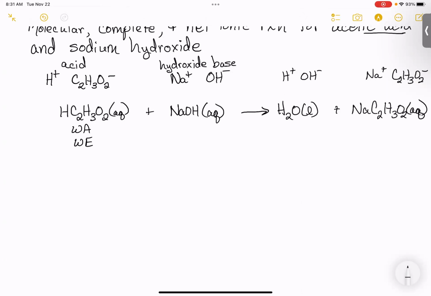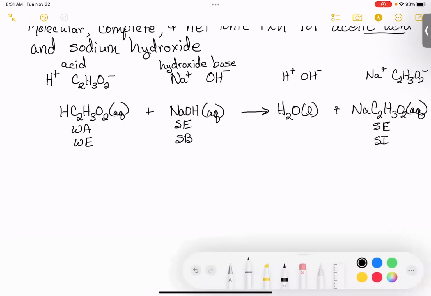Sodium hydroxide, what is it? It's a strong base. So what type of electrolyte? It's a strong electrolyte. Water we'll leave alone. Sodium acetate. What is it? Soluble ionic, and therefore, yes, it is a strong electrolyte.